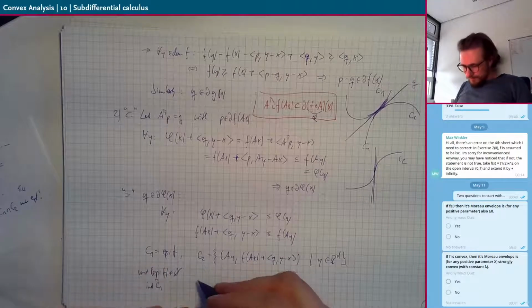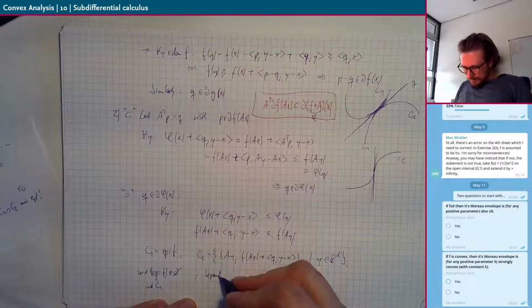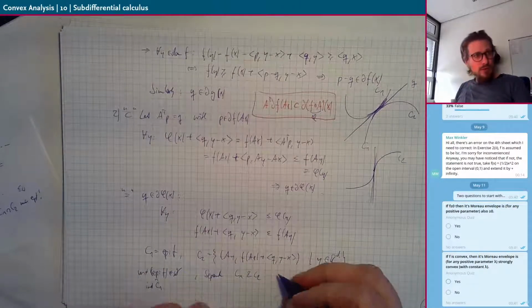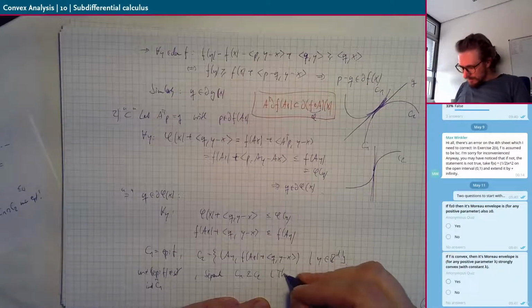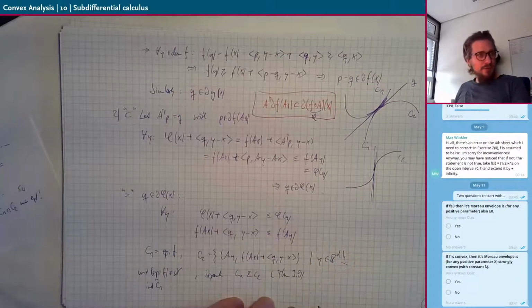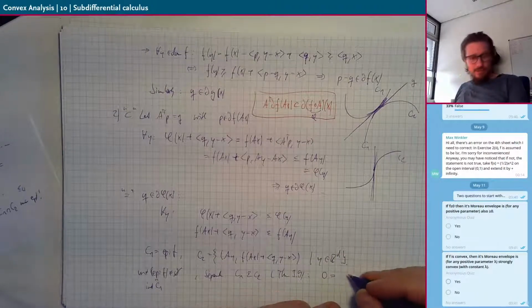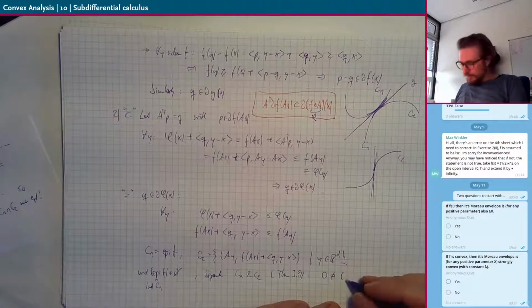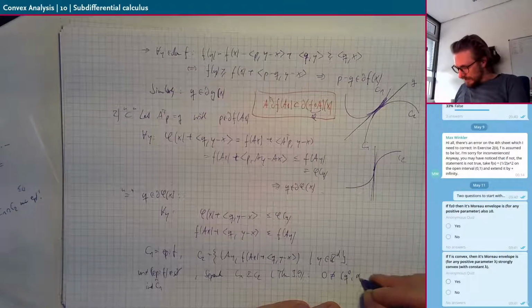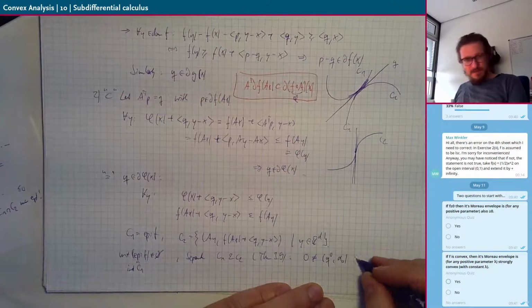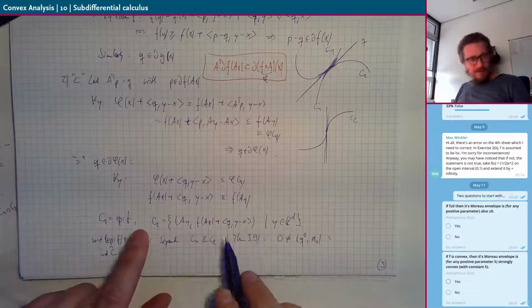So we can separate C1 and C2. Again, Theorem 3.9 is what we're going to use. There is a non-zero vector, the tuple, which is now denoted by q0 and alpha 0, such that this vector separates these two sets.